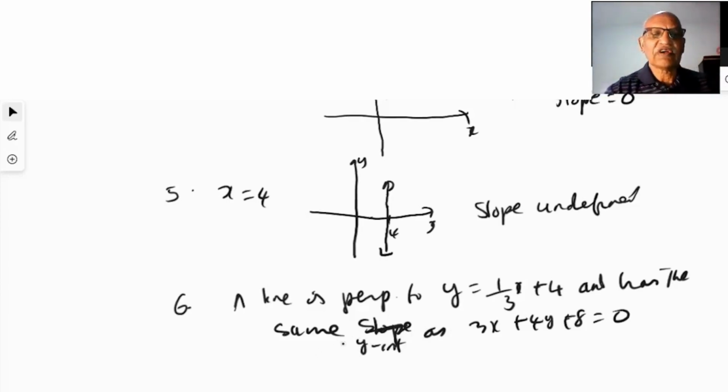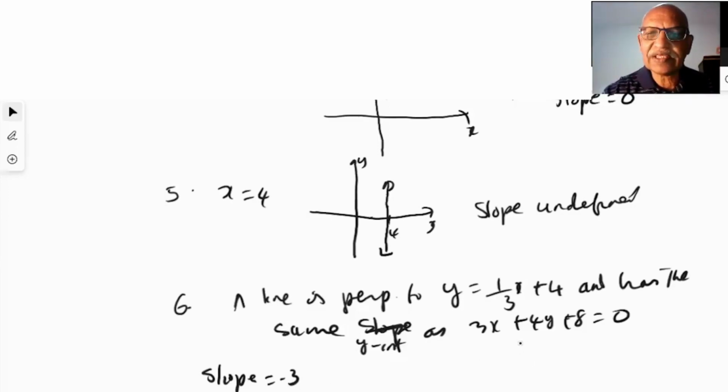Okay, so from the first one, what do we know? It's perpendicular to this line here. So perpendicular lines have negative reciprocal slopes. Negative reciprocal. So if the slope of the original one was 1 over 3, the slope of the new line will be negative 3. Because it is 1 over 3, it becomes negative 3 over 1.